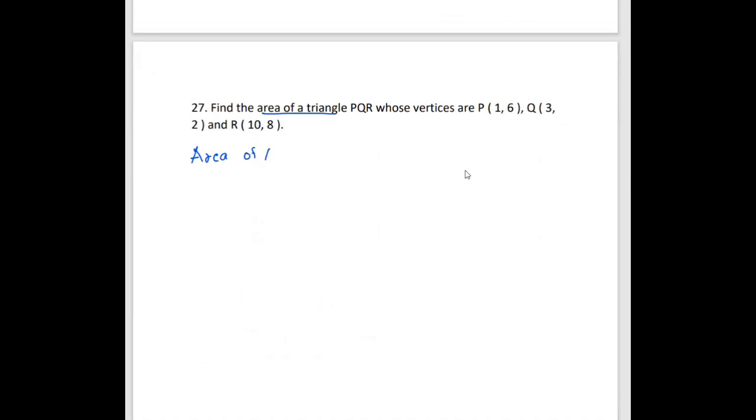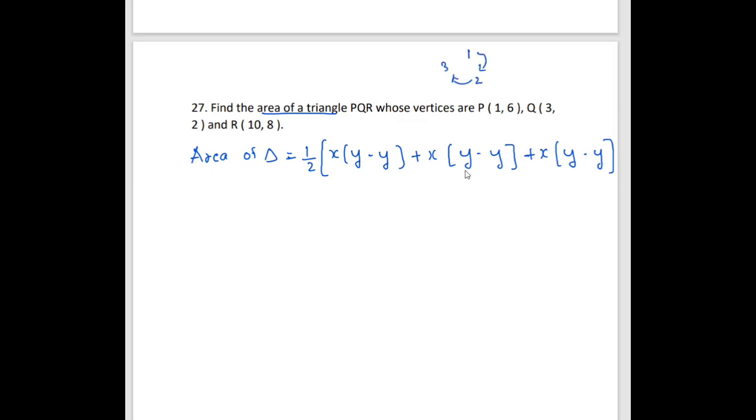Area of triangle: first thing you write is half, open the bracket, x1 times (y2 minus y3), then plus x2 times (y3 minus y1), then plus x3 times (y1 minus y2), close. This is the formula. Remember this cyclic pattern: after 1 comes 2, after 2 comes 3, after 3 comes 1.